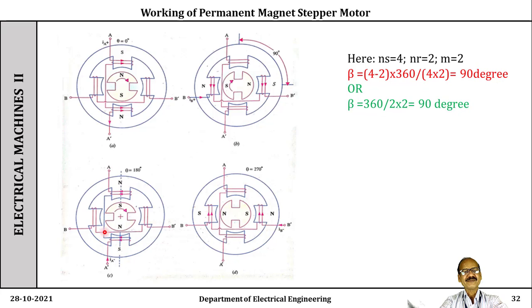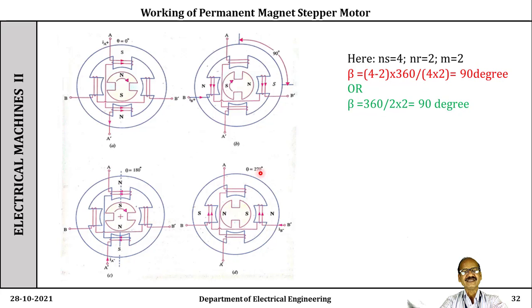South pole and south pole repel; however, the north pole will attract. So in order to align the rotor poles along the stator polar axis, the rotor further rotates in the forward, clockwise direction through 90 degree, thereby producing 3 steps.